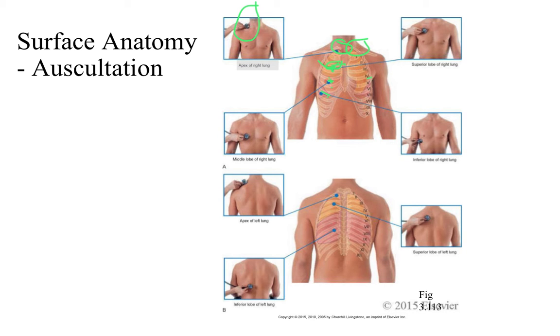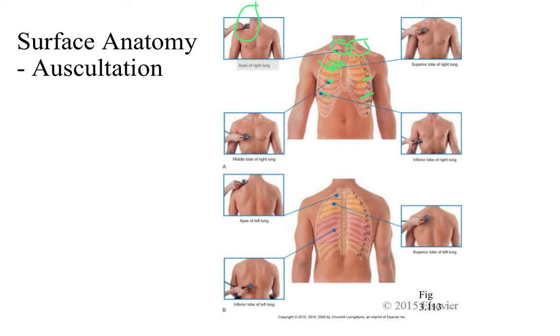But you'll still want to listen to the 4th intercostal space because there are airways that branch specifically to that region. Even though there's not a middle lobe, there's still a middle region in the superior lobe. Then, two more intercostal spaces down, on the more lateral side, you'll be able to listen to the inferior lobes.